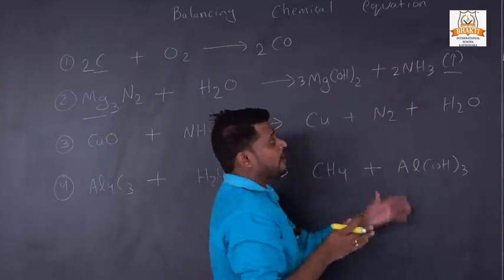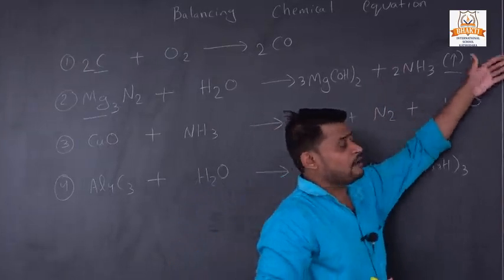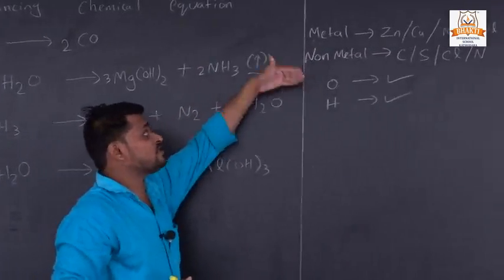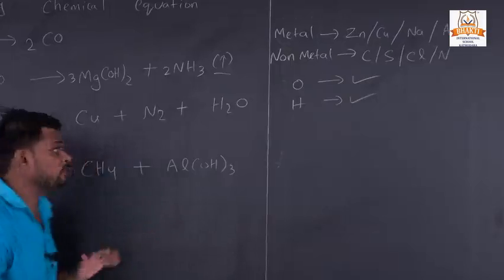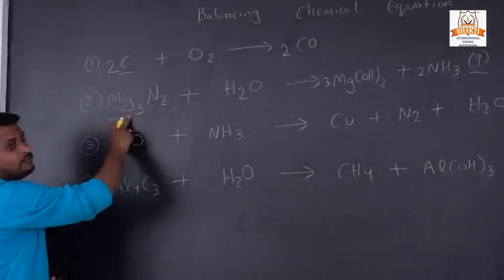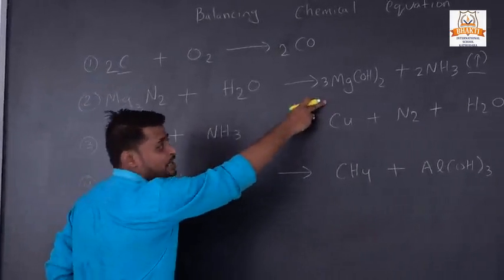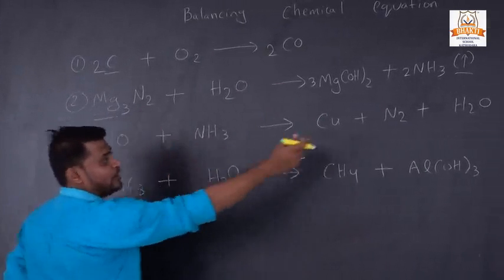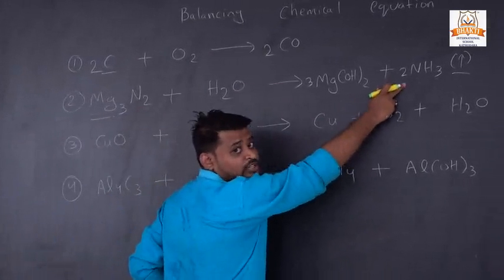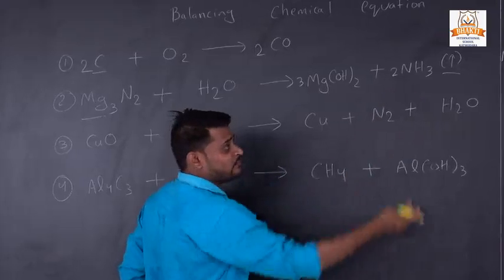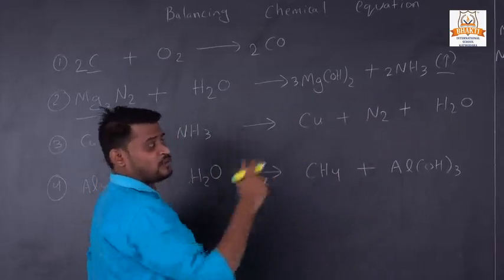What I told you: if we change a non-metal, then we check again whether the metal is balanced. Now magnesium 3, magnesium 3, nitrogen 2, nitrogen 2. It is balanced, so we go to the next step. What is our next step? Oxygen.